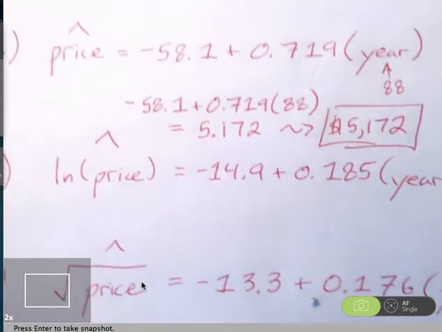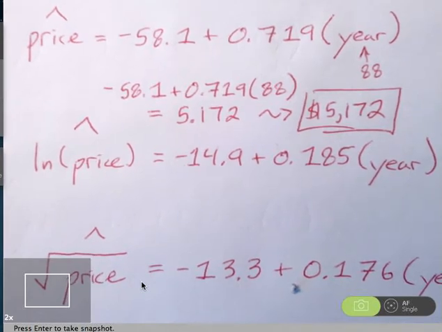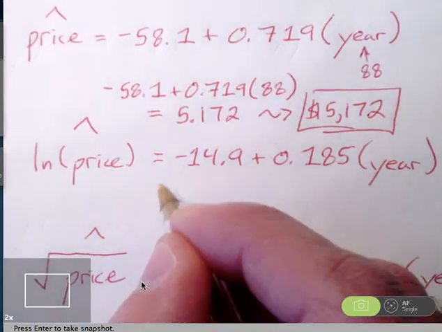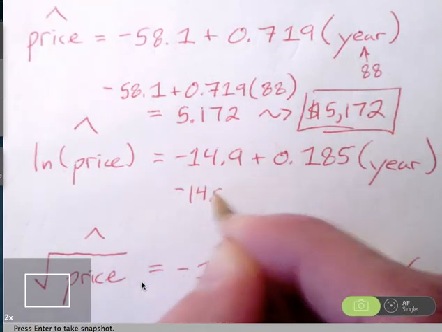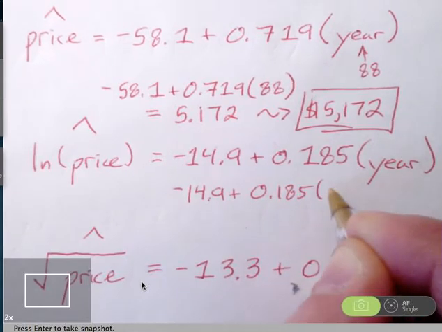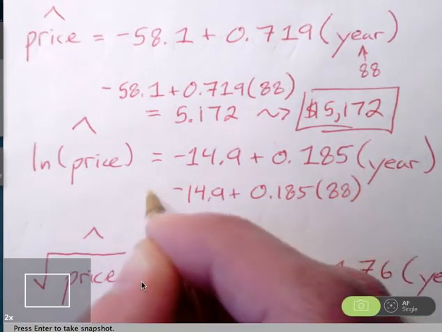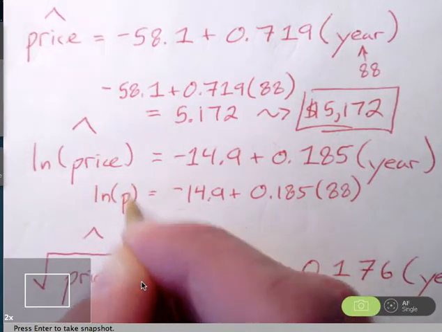So continuing on then, for the second model, in part B, this would be an exponential model. So I have to take the negative 14.9 plus 0.185 times the 88, but then notice that's going to equal the natural log of, I'll call it P for price.